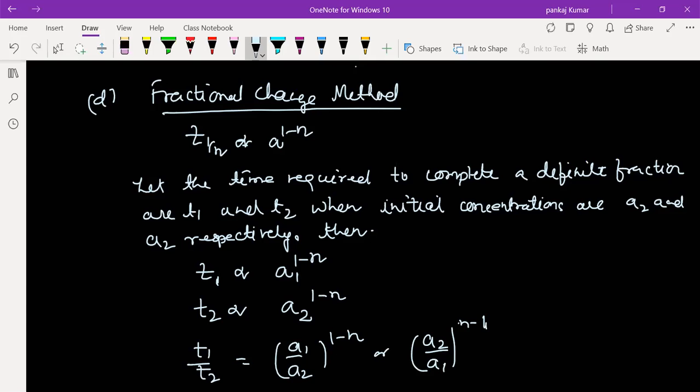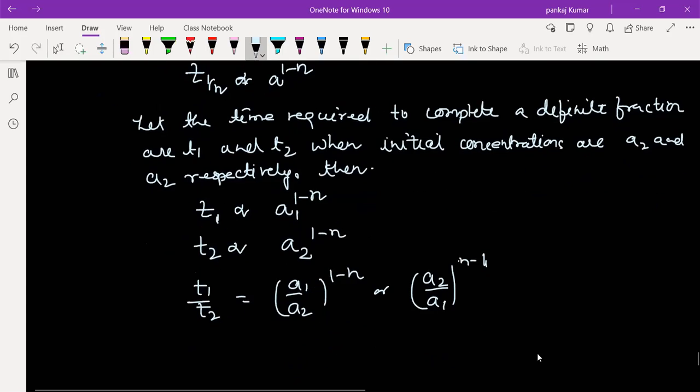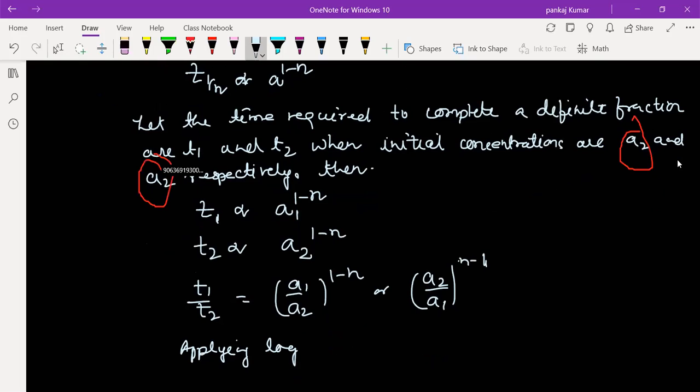Applying log, sorry, it will be A1, because for T1 the concentration is A1, for T2 the concentration is A2.